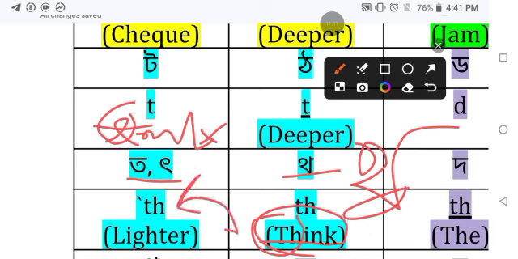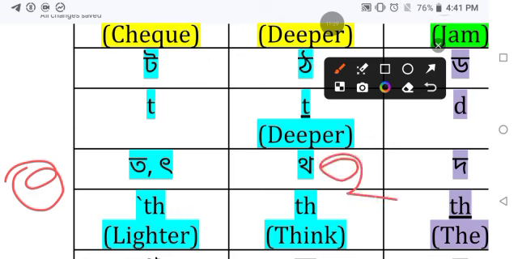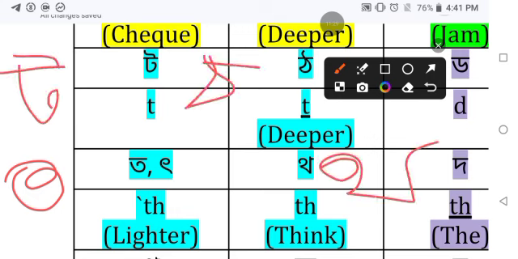I have to go in reverse this way, because we don't have an equivalent for tha in English. So this is tha, this is also tha, same, just written differently. This is ta, and this is tha.